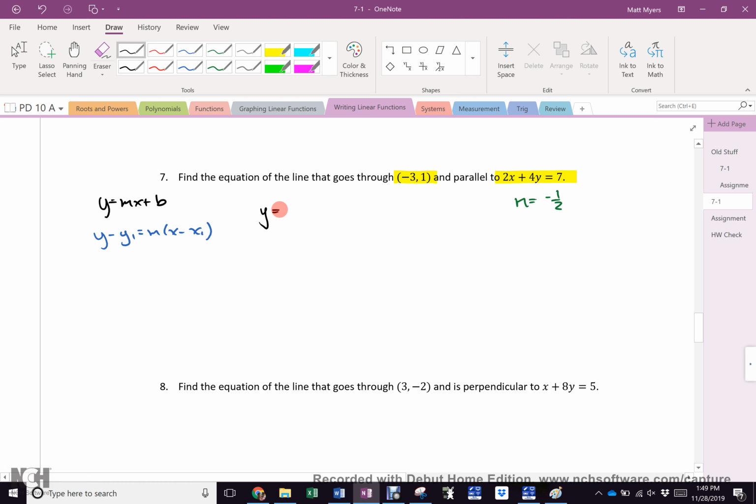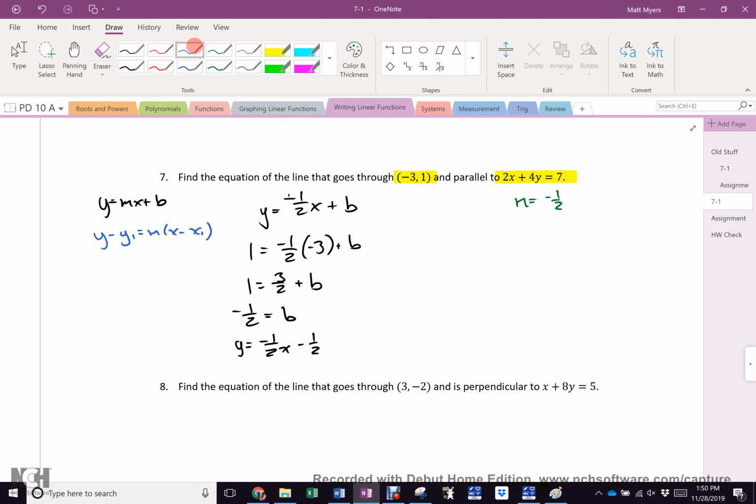The black is, of course, the slope-intercept form, because when you bring this 2 over, it becomes -2x, and then you divide by 4.